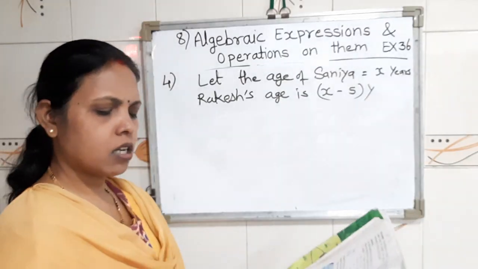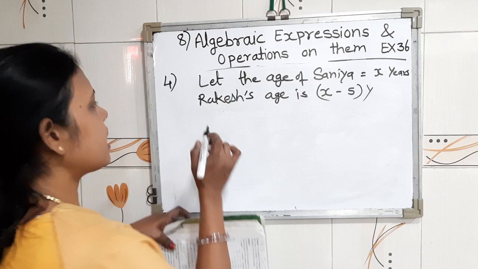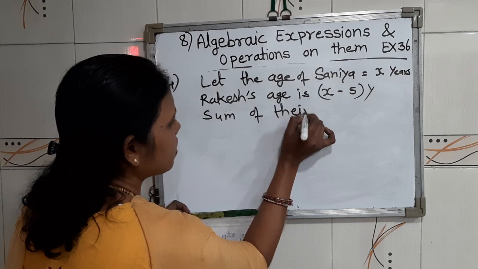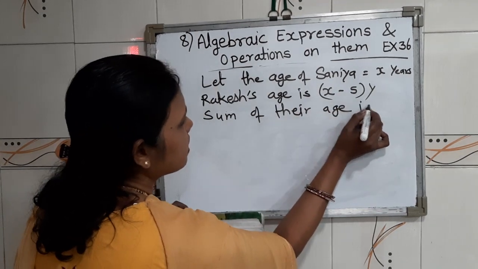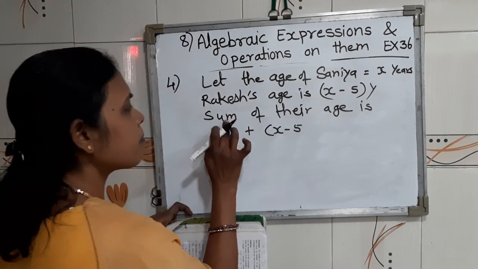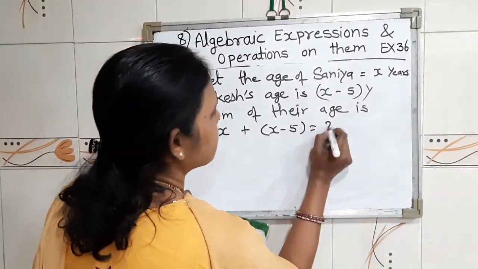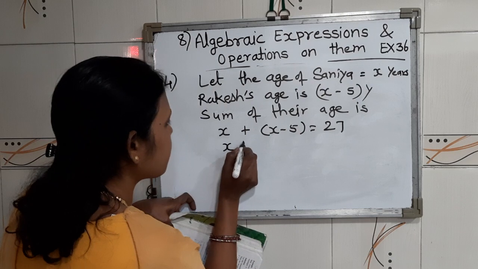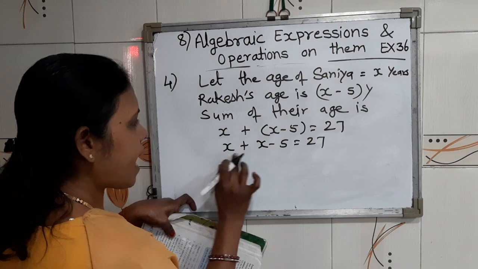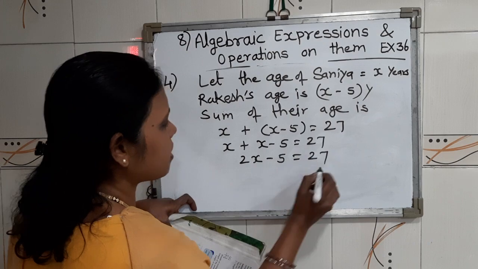Then next, according to the given question, write down sum of their ages. Sum of their age is x plus x minus 5. Sum, therefore plus we had done, equal to 27 years. Therefore x plus, remove the bracket, x minus 5 equal to 27. x plus x, 2x minus 5 equal to 27.